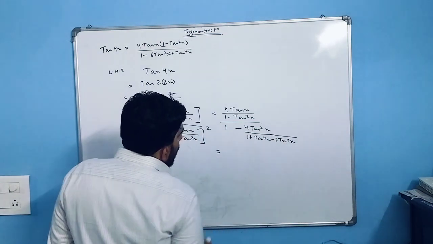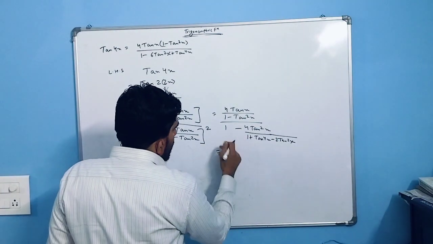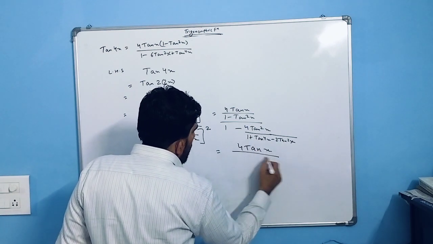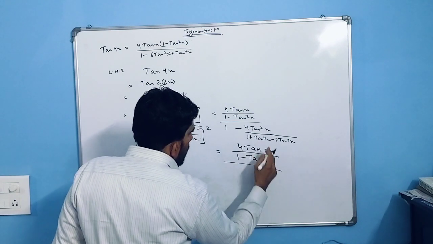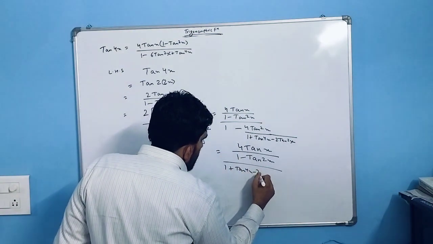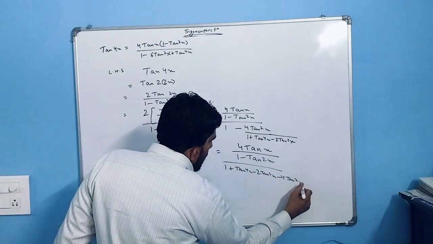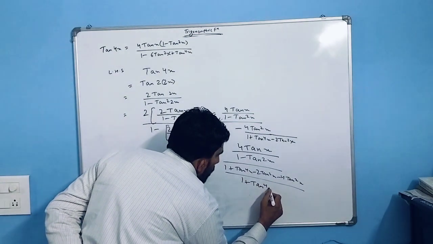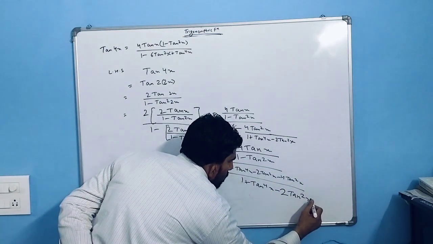So finally, you can take the LCM here. 4 tan x upon 1 minus tan square x upon, taking the LCM, 1 plus tan to the power 4 x minus 2 tan square x minus 4 tan square x upon 1 plus tan to the power 4 x minus 2 tan square x.